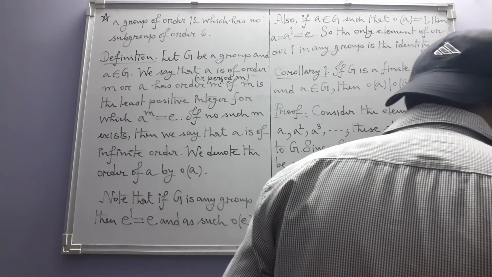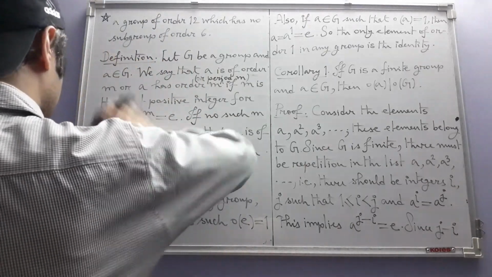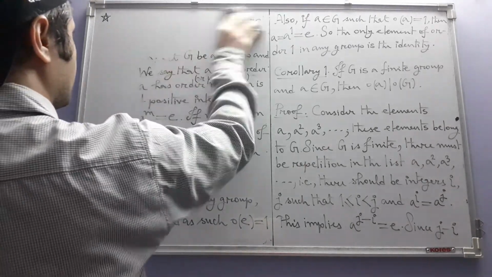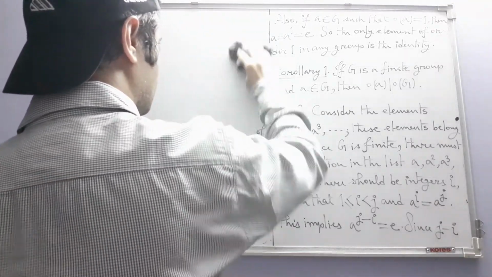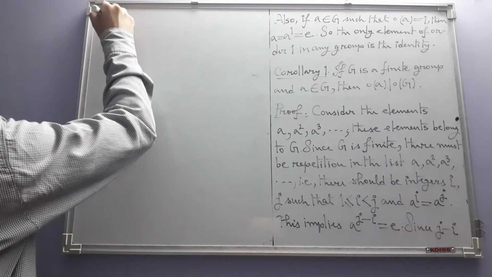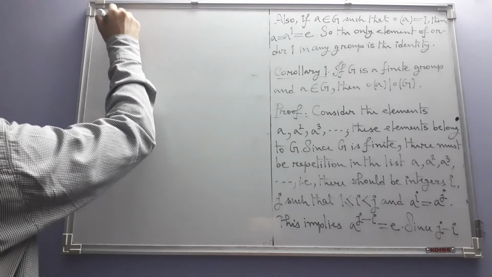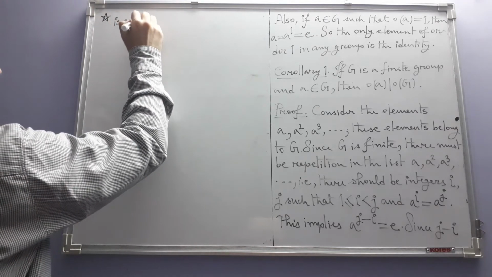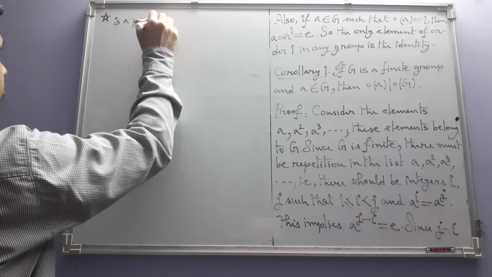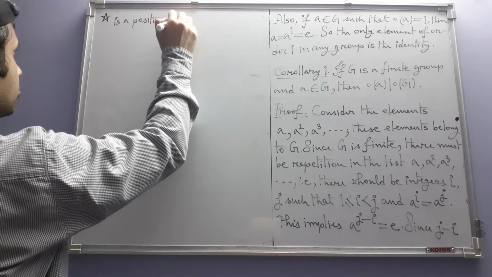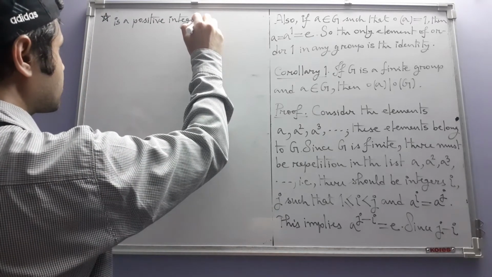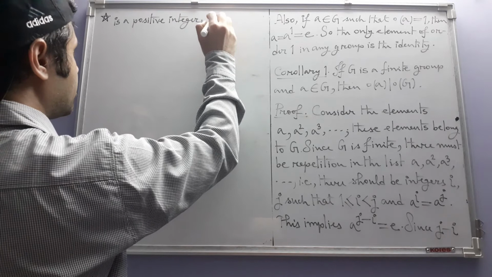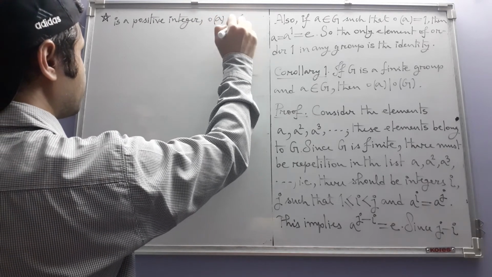Since j minus i is a positive integer, order of A is finite.